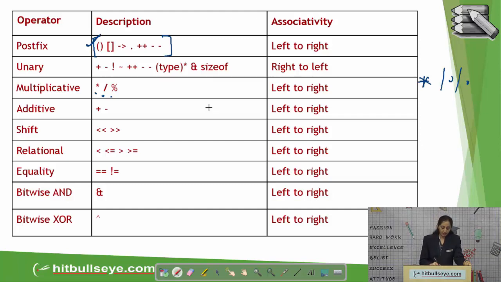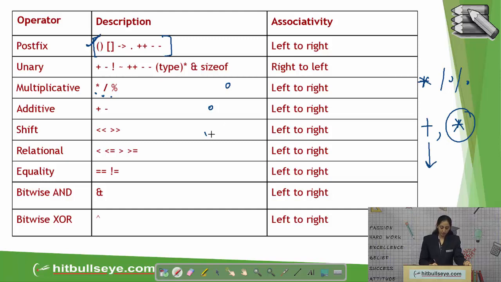But if additive and multiplicative operators are in an expression, we first solve the multiplicative operator, as it has higher priority than the additive operator. So the multiplication is solved first, and then the addition.